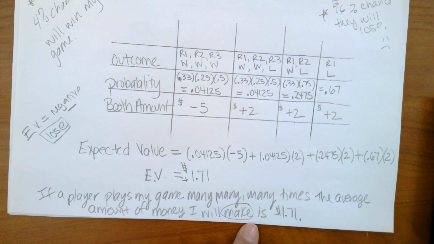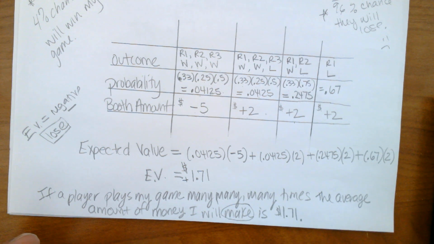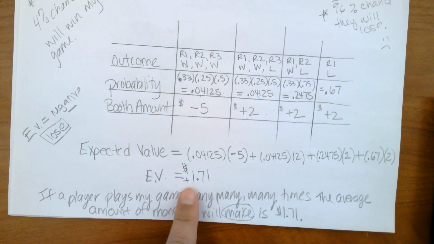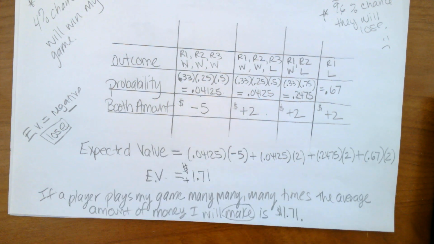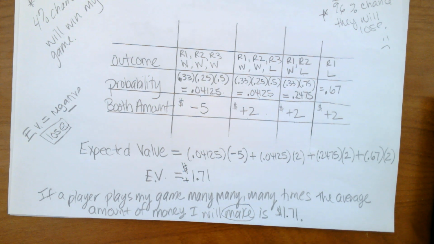So just be careful of what your expected value is going to be. If this was 0, it's going to be a fair game. Pretty cool. But we want to make money because we're the booth. We always want to make money being the booth. So if this is negative, you might have to go back and say, ooh, maybe my game's a little bit too easy because I'm going to be losing all of this money. So just be careful.